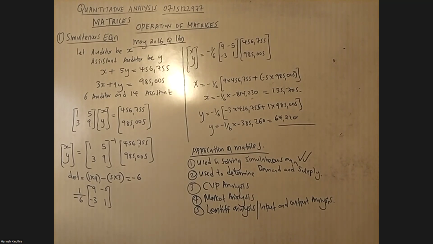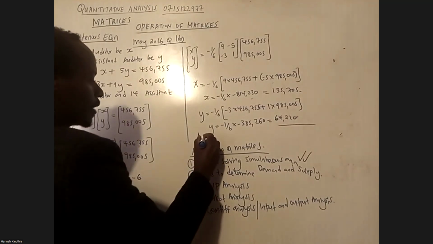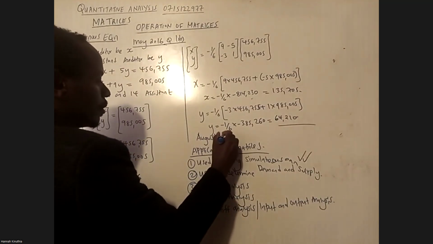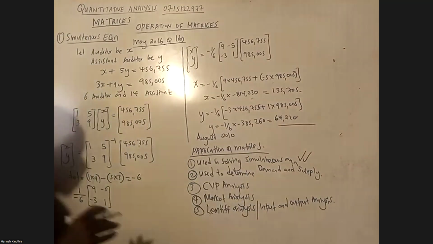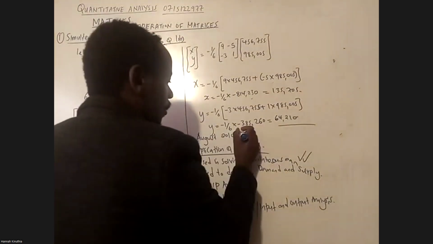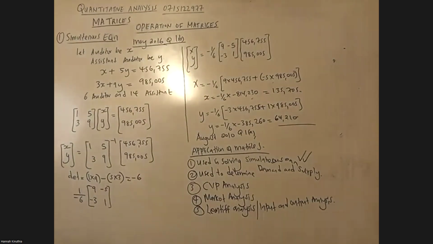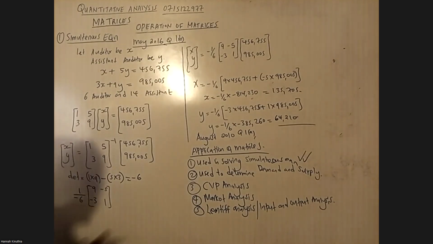Assignment. So I'm now checking and correcting the assignment. So make sure umenitumia pia zile za kwanza. So December 2010, question number 1. If you don't have that question, utaniambia nikutumie. December 2009, not 2010.